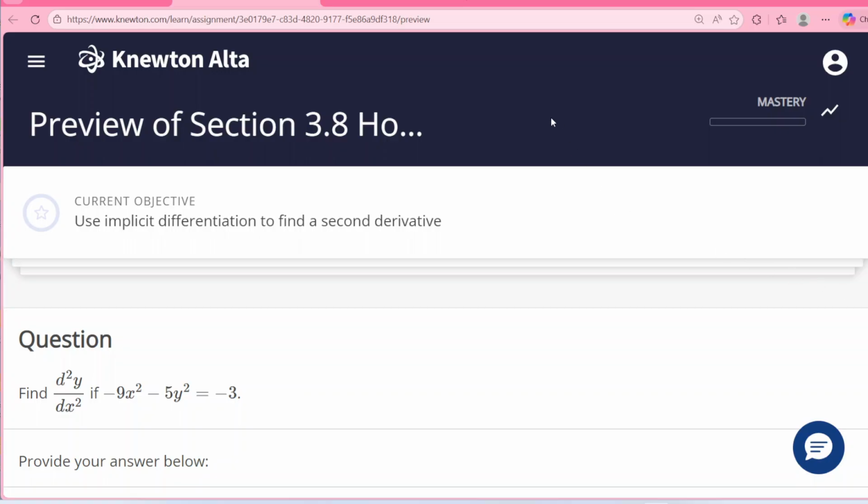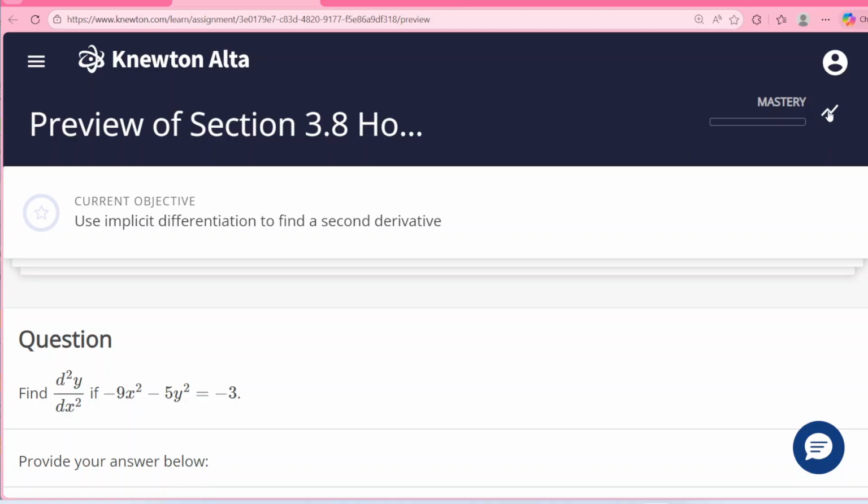Okay, so here we are at Knewton Alta in a preview of the assignment called Implicit Differentiation. For this particular version of the course, this is section 3.8. In the upper right-hand corner, you can see a mastery bar that shows you how far along you've gotten in the assignment.